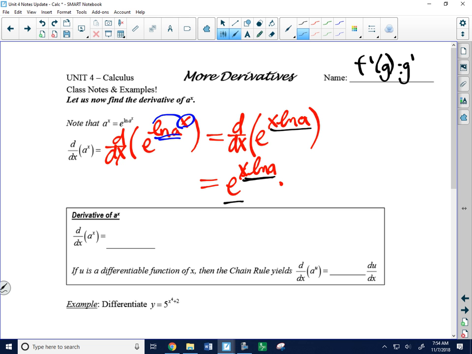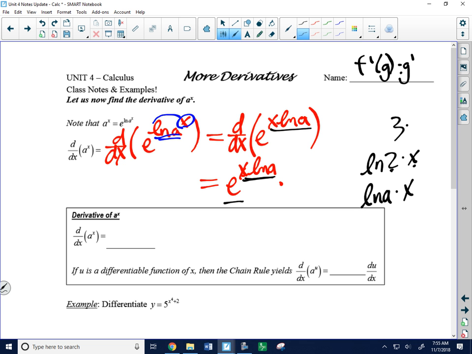With x ln a, ln of a is a number. A is a number up there, so ln of a is also a number. It's like ln of 2, it's a number. So really a better form would be ln of a times x. It's like if I was doing the derivative of ln of 2 times x. That's a number times x.